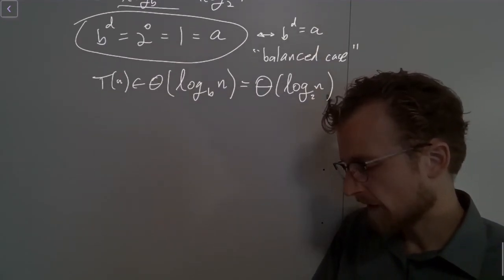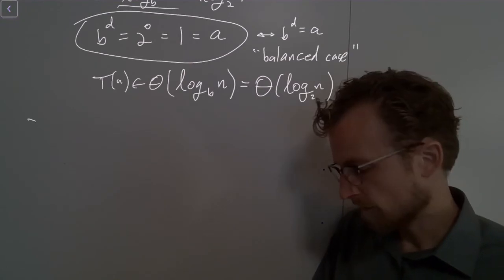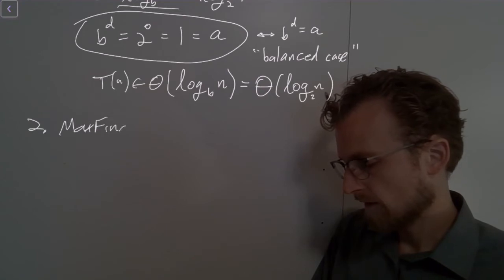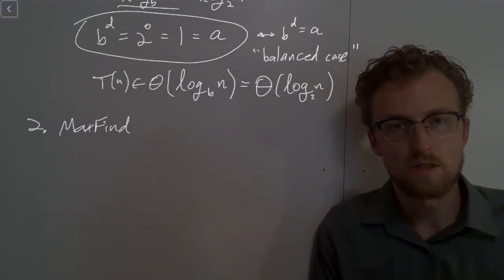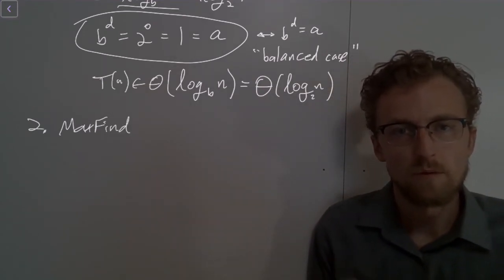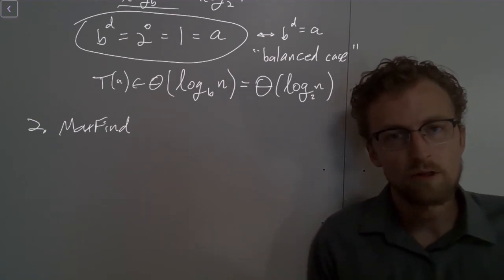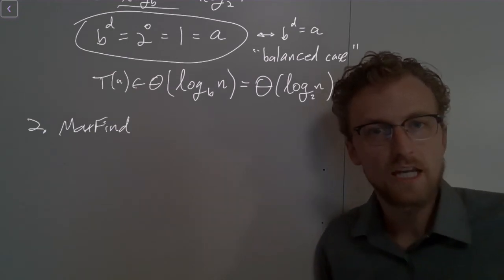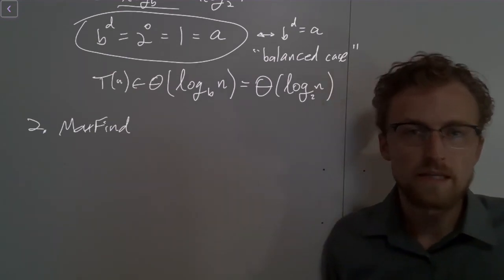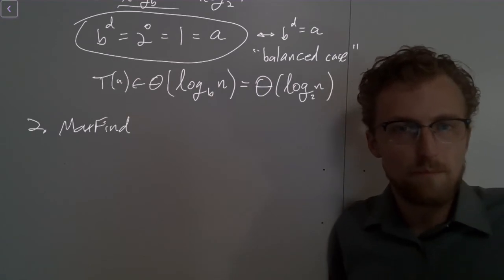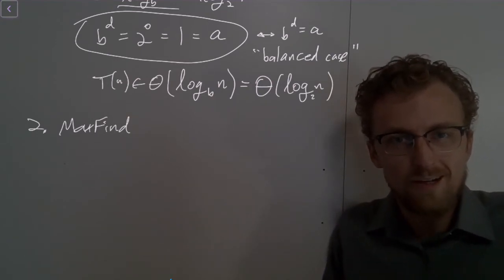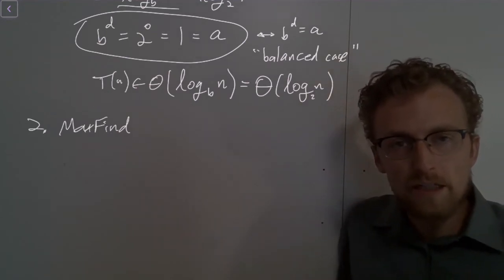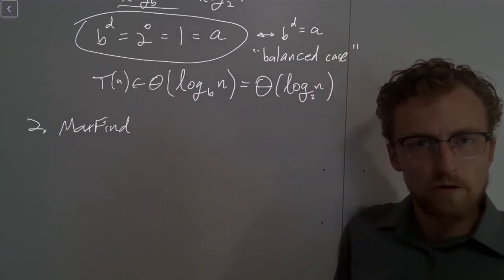I also talked about this max find algorithm. So let's call this number 2, the max find. Recall max find was this recursive algorithm where we would recurse on the lower half of an array and then recurse on the upper half of the array and ask the recursion to get us the largest element. Our base case would just be to return the element in a one element array. So it would recurse down, and then at each point as it bubbled up, it would compare two numbers.